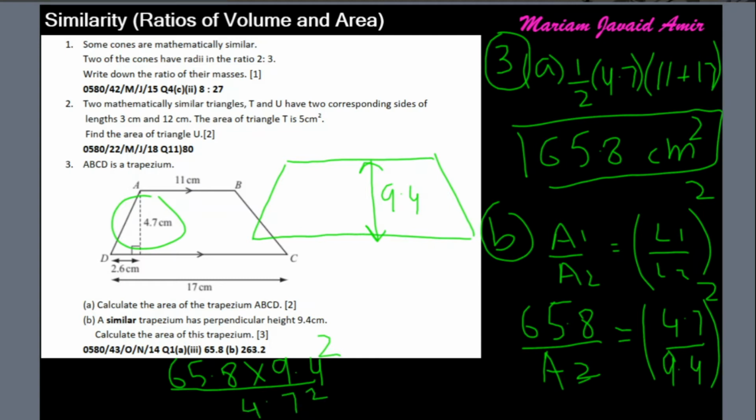I've simply cross multiplied to get A2. So let's see what do we get. 65.8 times 9.4 square divided by 4.7 square, which is giving me 263.2, which is the correct answer mentioned here, and the unit is centimeters square.